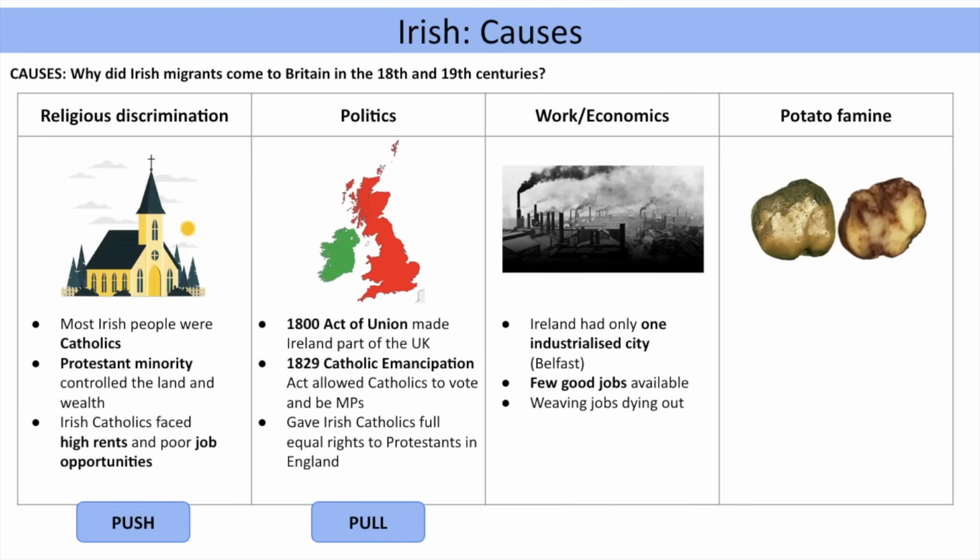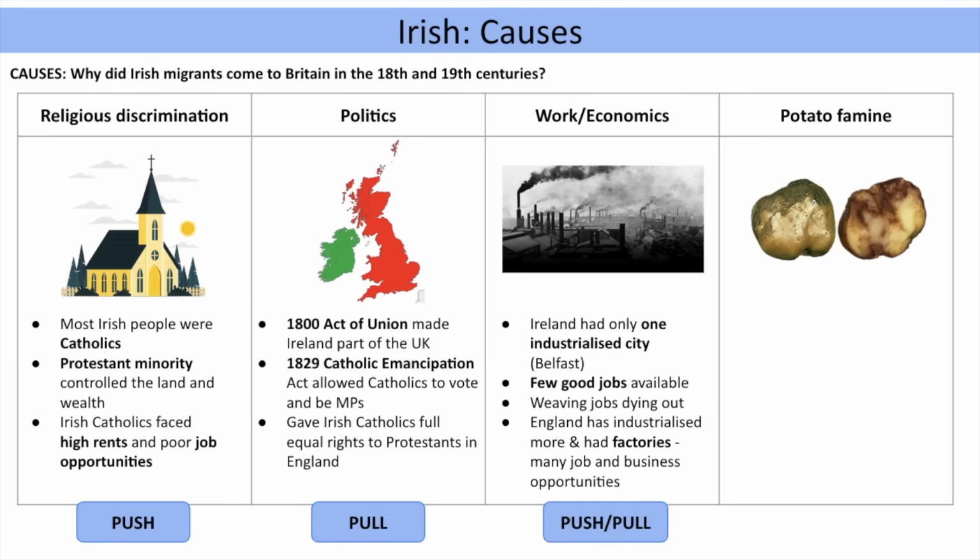Weaving jobs, which had been a really important part of their economy, are dying out, whereas in England, because of the Industrial Revolution, there are loads of factories which have job opportunities, and also that creates business opportunities. You might want to set up your own factory. So you have the push factor of a lack of industrialisation in Ireland and the pull factor of industrialisation in England.